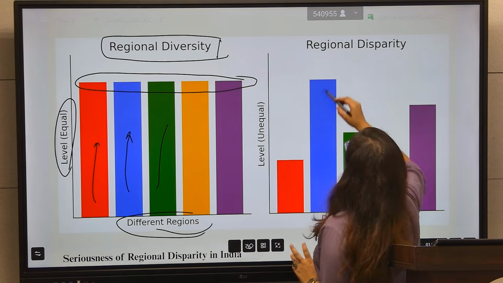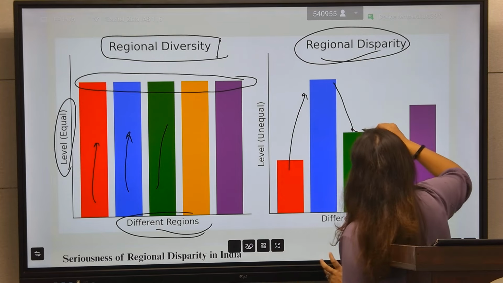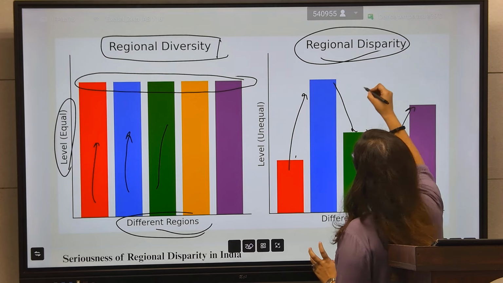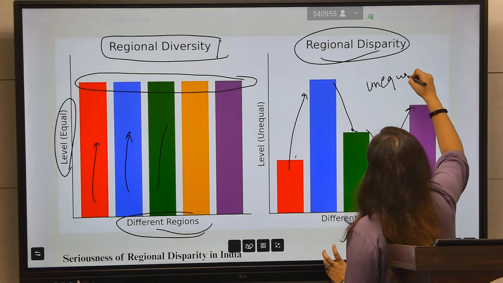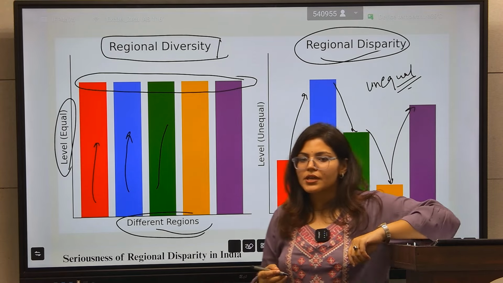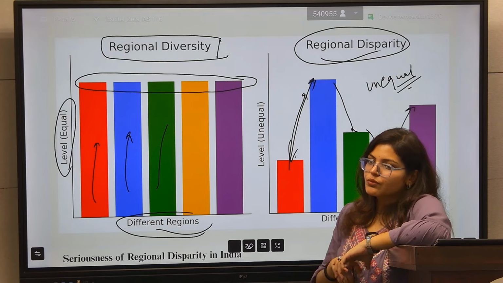But on the other hand, regional disparity shows imbalance. These graphs are unequal. Some states are more developed, some states are less developed. So this makes an imbalance and inequality between the two regions.